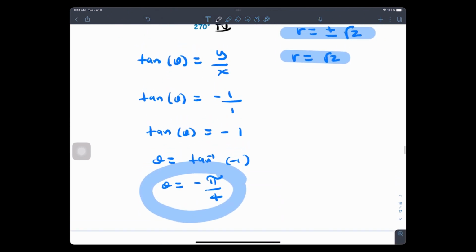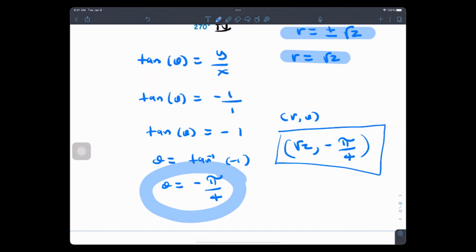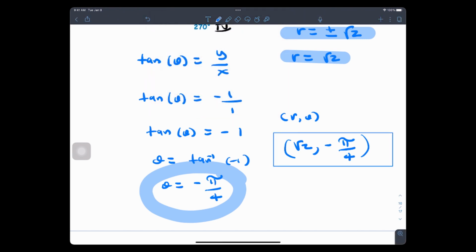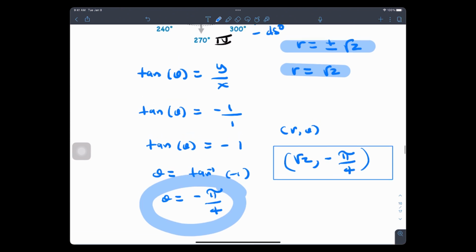So this answer now, in terms of r and theta, is the square root of 2, negative pi over 4. So this is how we convert, ladies and gentlemen, rectangular to polar.